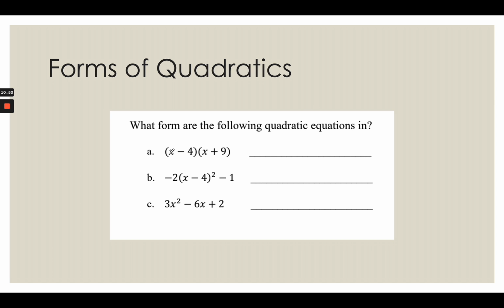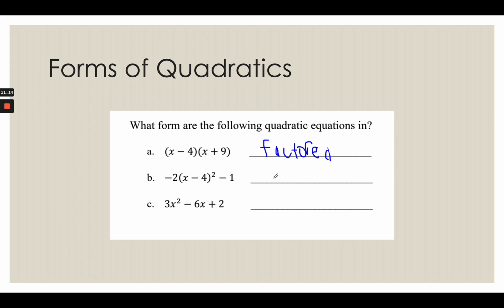So this guy right here, (x - 4)(x + 9), that is factored form. If you were trying to graph this in factored form, you would want to look at the top of your 3.4 notes and see how to find the vertex.